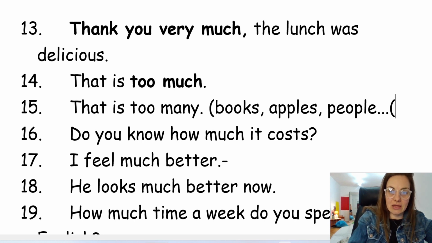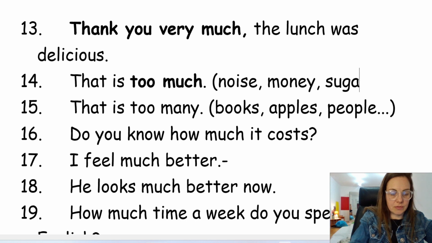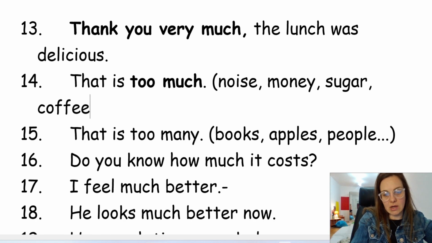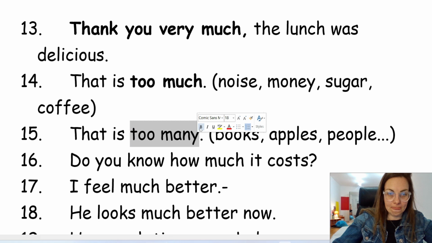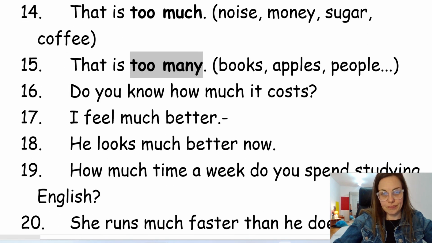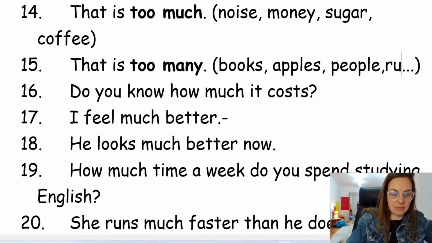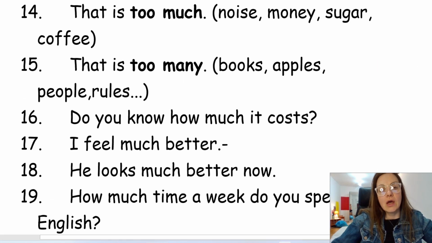Okay, and it's too much when we think about noise, money, sugar, coffee. So uncountable nouns: no, that's too much. Noise, money, sugar, coffee. No, that's too many. Books, apples, people. Countable nouns. Too many rules, etc.